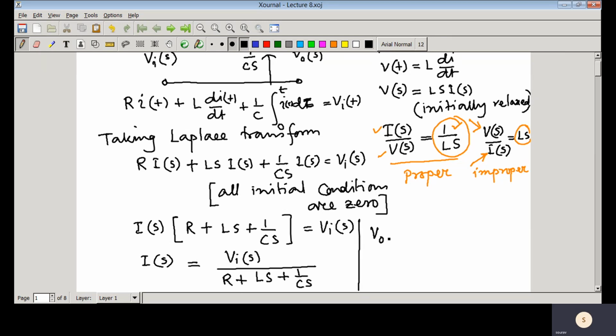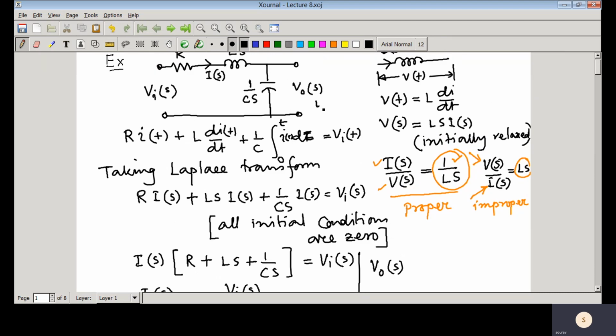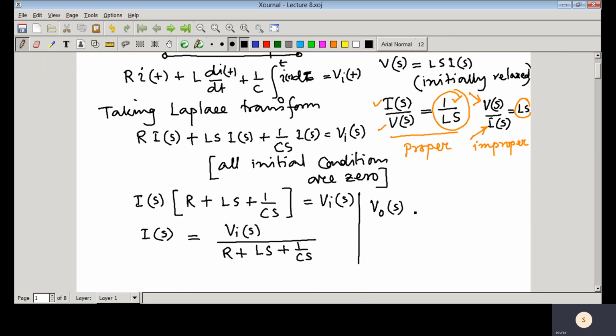The output voltage across the capacitor, V0(s), equals 1 by Cs into I(s). So 1 by Cs into I(s) is Vi(s) divided by R plus Ls plus 1 by Cs.